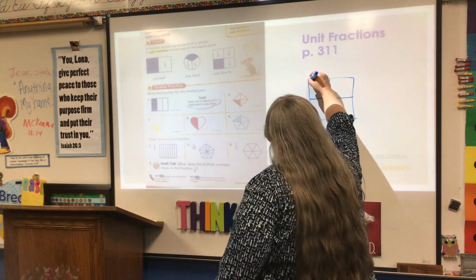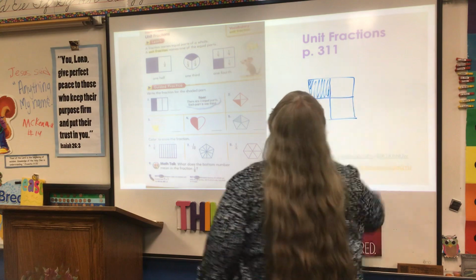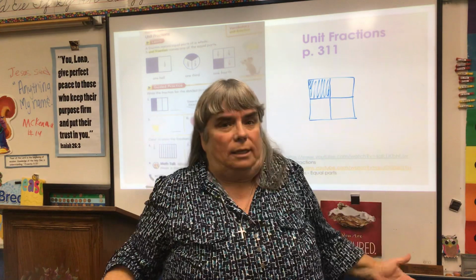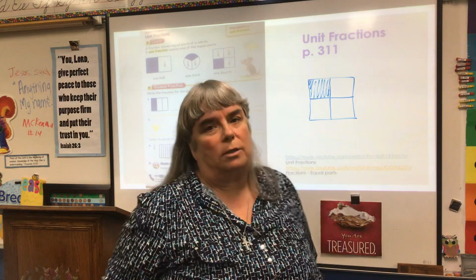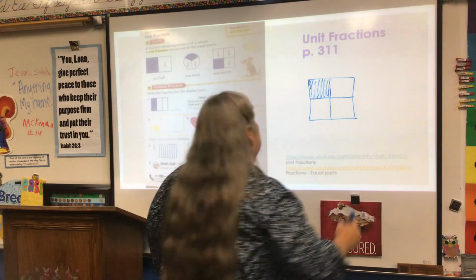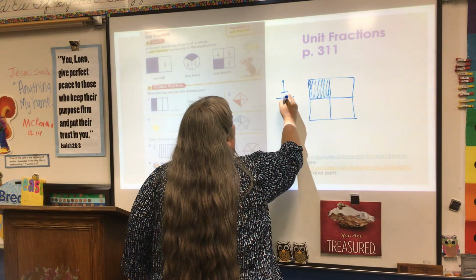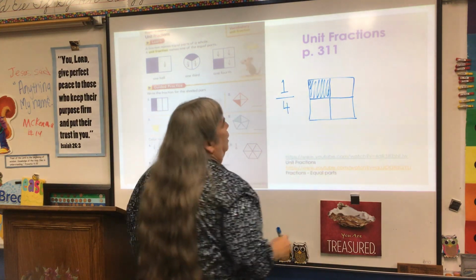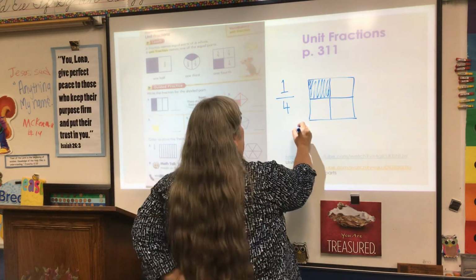And then I'm just going to look at this shaded area. I'm not going to look at the other parts, just that one part. And I would write it like this: 1/4. And the way that you would write that as a word would be one fourth.